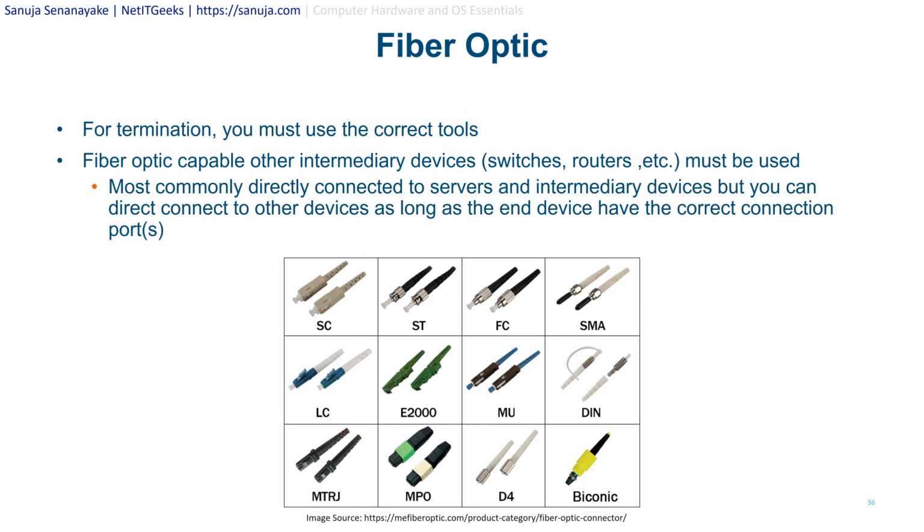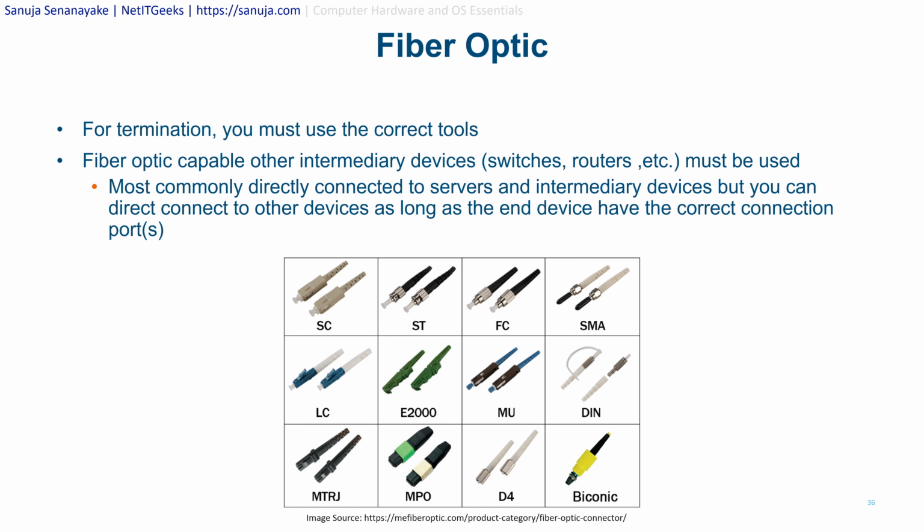For termination, you must use the correct tools. Again, just like previously for copper cables, this one has specific tools that you need to use. Fiber optic capable intermediary devices such as switches, routers, etc. must be used as well. So you can't just use whatever older generation switches.